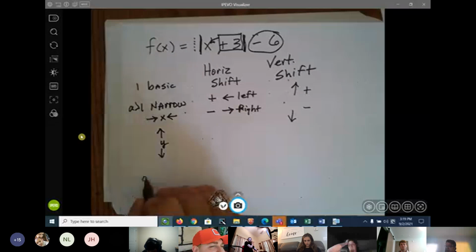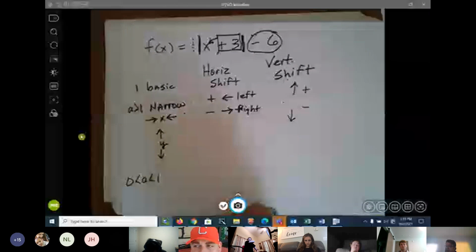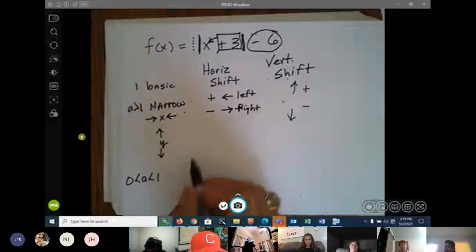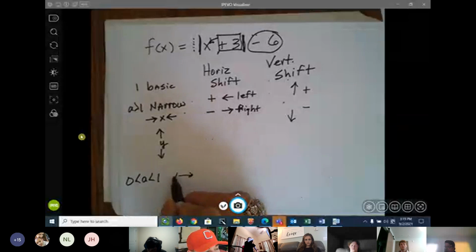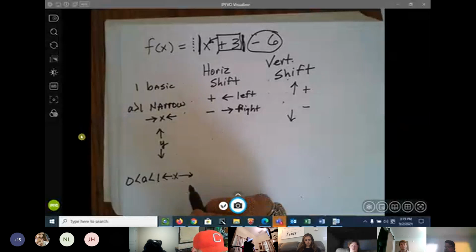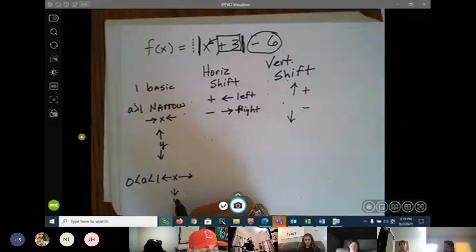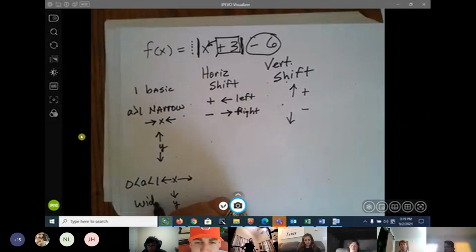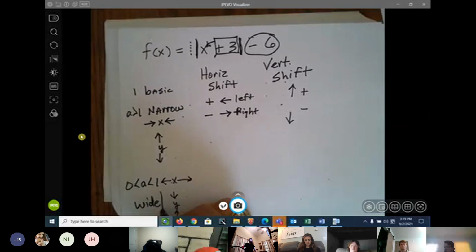Y. If A is a proper fraction, between 0 and 1, meaning a regular proper fraction, then it is stretched along the x-axis and it's compressed along the y-axis, which means it's going to be what? Wide.